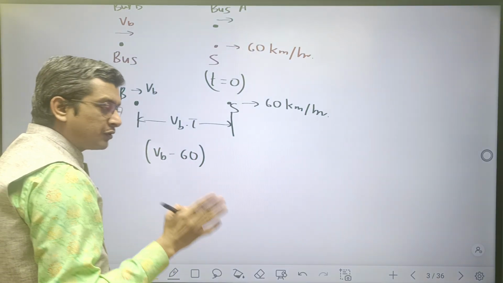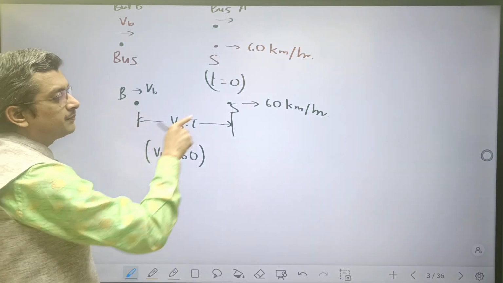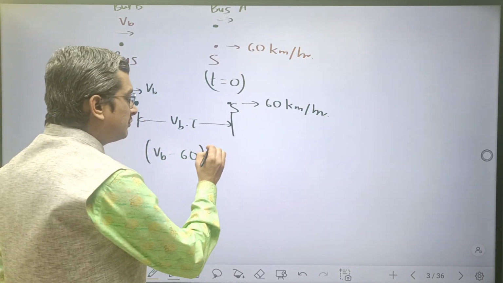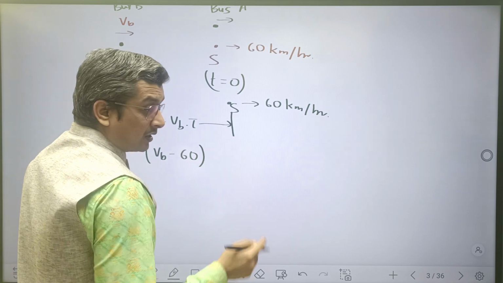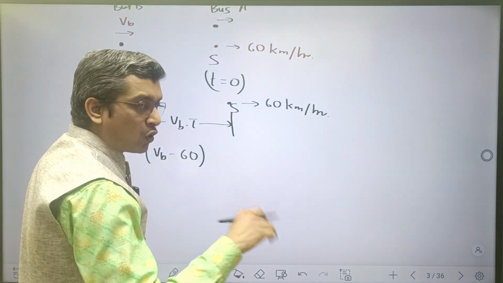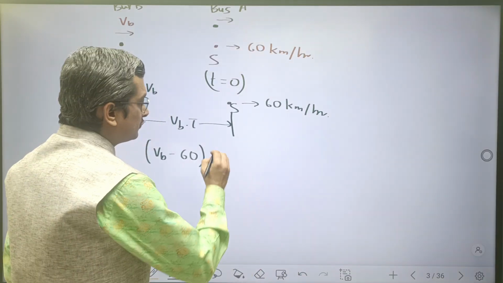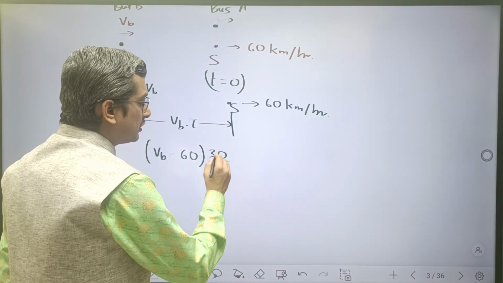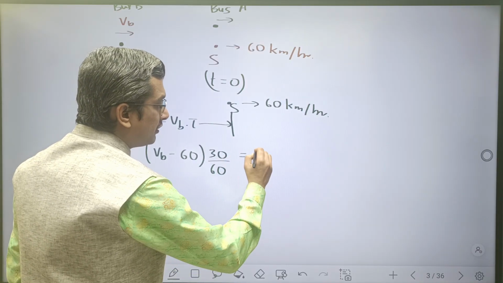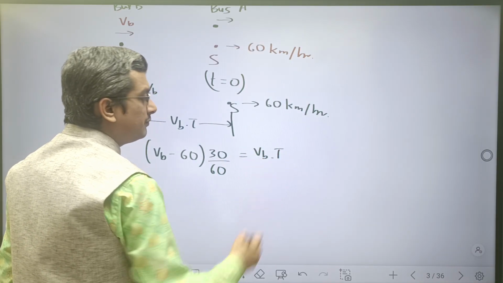This speed must be multiplied by the time after which this bus reaches the position of S or overtakes the scooty S. This is given as 30 minutes. So converting it into hours, this will be 30 by 60, and this is equal to the distance between the two, which is Vb into T.